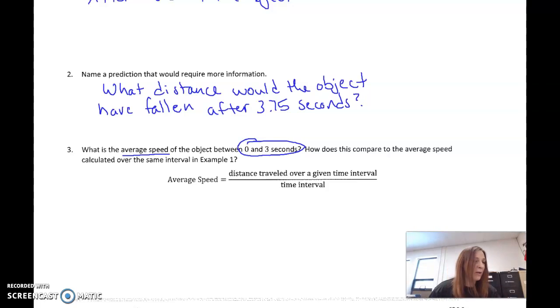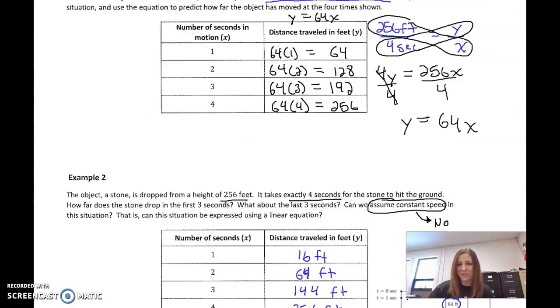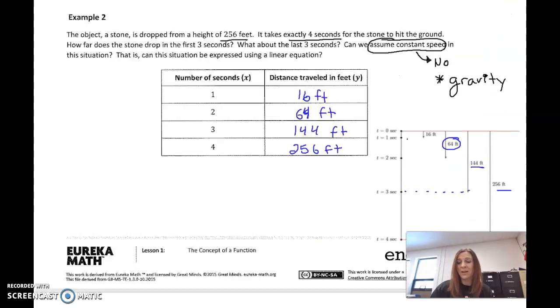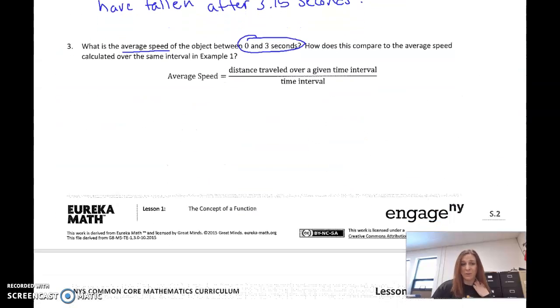Going way back to the last video, we said it had a constant of 64, so it was traveling 64 feet every second. We want to compare that to this one between 0 and 3, so we take the distance traveled over this interval and divide it by 3 seconds.